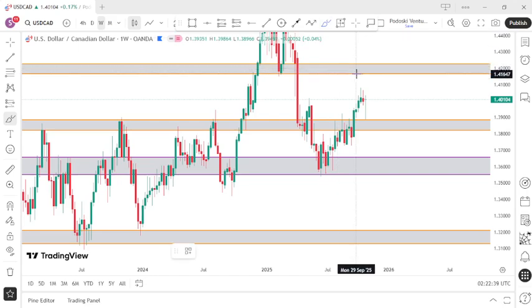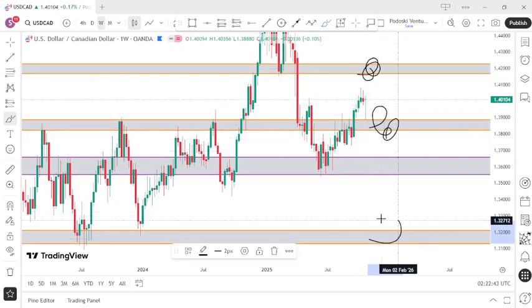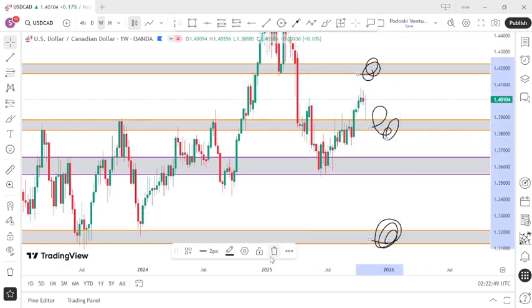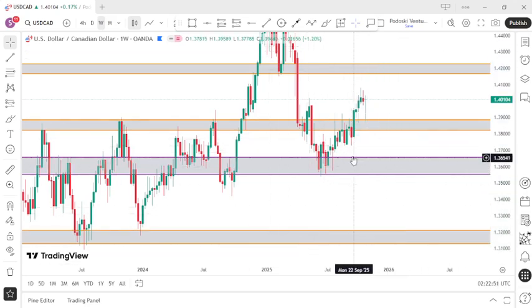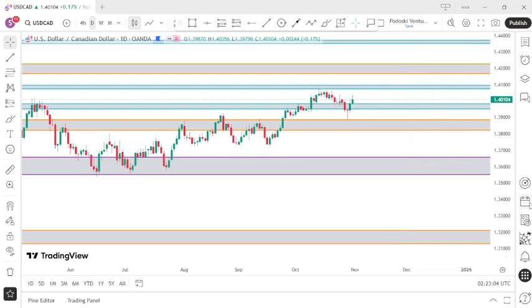I have my weekly upper zone here, midway zone here, and my weekly lower zone here. From the weekly time frame, you can see price is just moving to the upside, like we said on the monthly. So let's go to the daily and see what we have there.